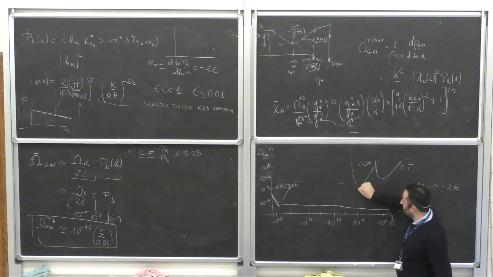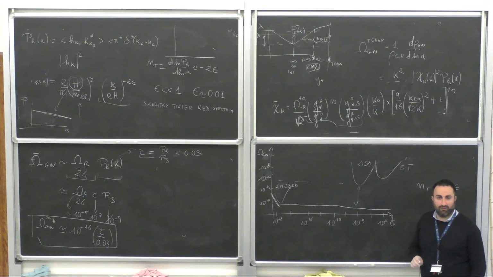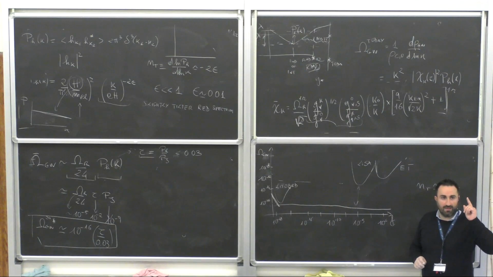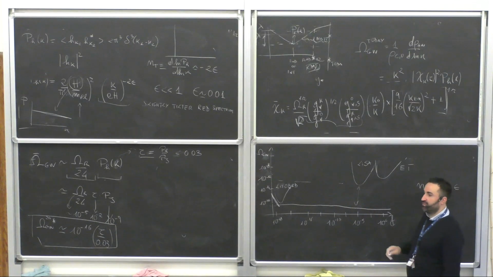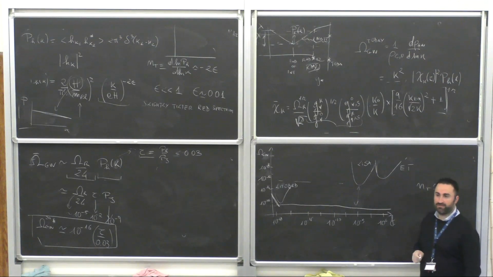So as you can see, the signal from single field inflation, the first example that I mentioned when I talked about cosmological sources, is well below the sensitivity of any gravitational wave detectors, right? At least accepted and planned to be launched, okay?